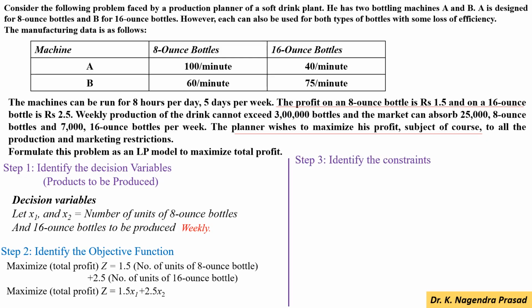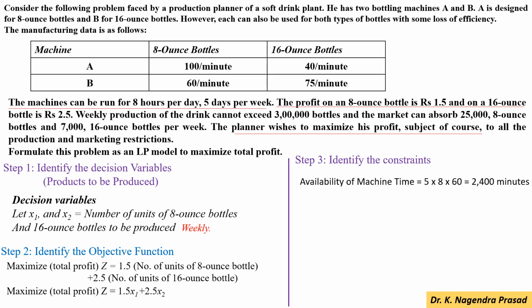Next step is to identify the constraints. For this, observe the data which is given in the problem, that is another sentence: the machines can be run for 8 hours per day, 5 days per week.